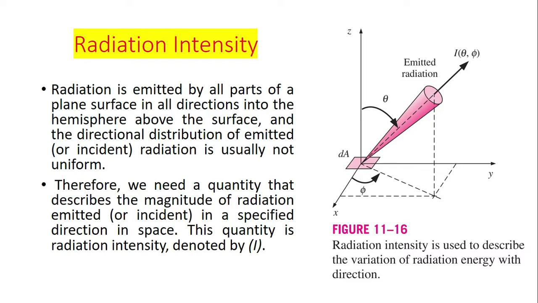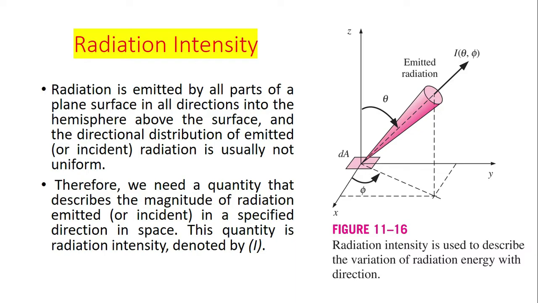But this is not always the real case. The radiation is emitted in a non-uniform manner in all directions. That is why we need to identify the radiation intensity. And what is the radiation intensity? It is the variation of the emitted radiation with these two angles.